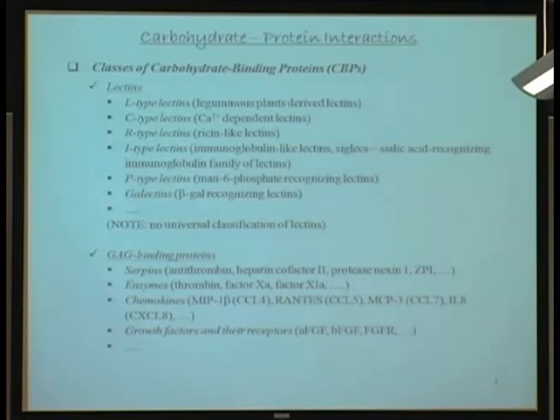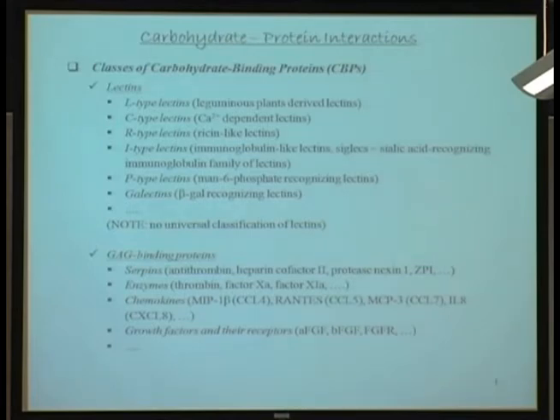Lectins, for the most part, are thought to recognize neutral carbohydrates, neutral glycans. That doesn't mean they don't recognize GAGs. Some of them do. But the predominant molecules that these recognize are carbohydrates.